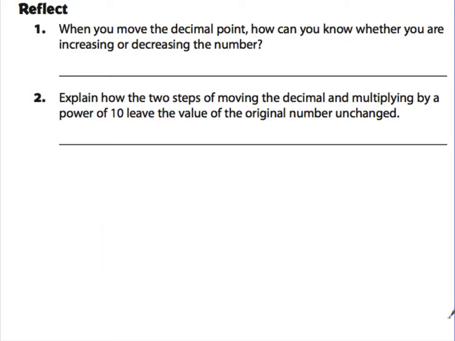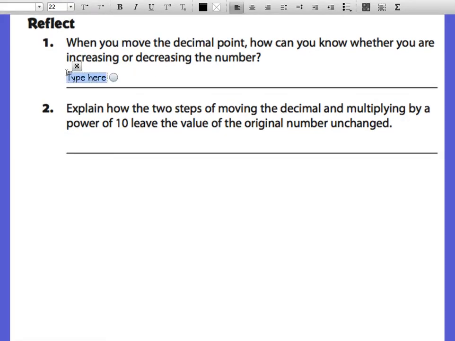Okay? So when you move the decimal point, how can you know whether you are increasing or decreasing the number? When you're moving the decimal point, moving it to the left makes the number smaller.